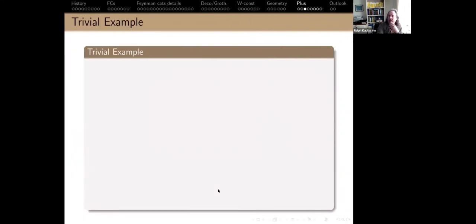So maybe let me just see what that looked like. If you have graphs, you'll find exactly the picture that you also saw in Giovanna's talk. The point is, the morphisms become the objects. So the morphisms are just graphs.